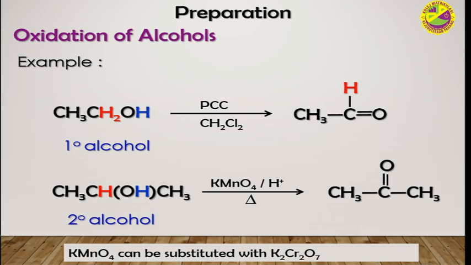If we have secondary alcohol, the hydrogen attached to the carbon and the hydrogen attached to the oxygen will be eliminated, and the product will be a ketone.